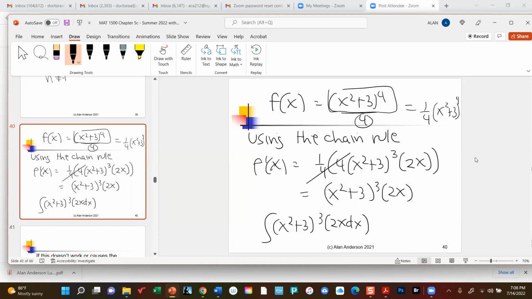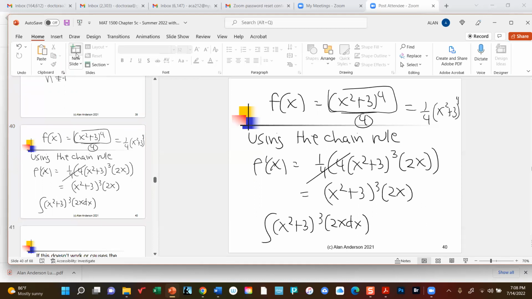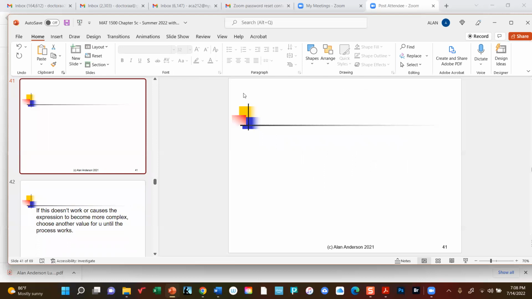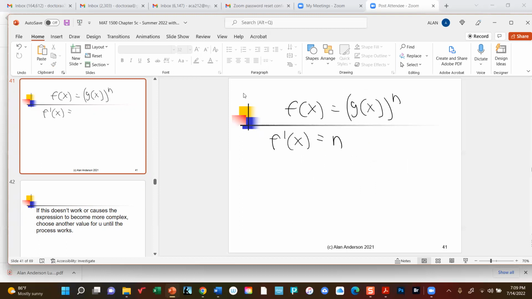And now we're going to use the so-called chain rule, which means that, let me just add another slide here. So if you start out with some complicated function, this is what we're doing.